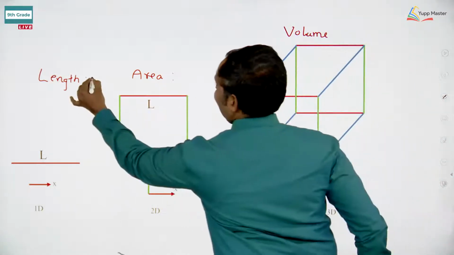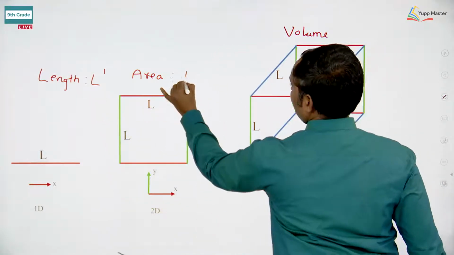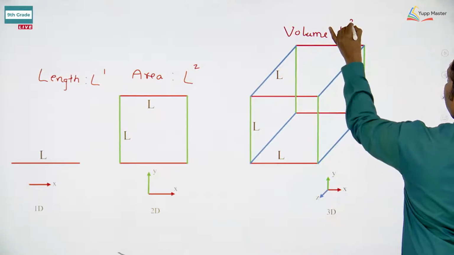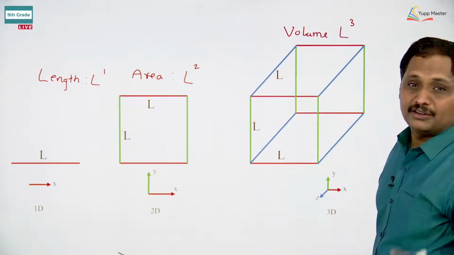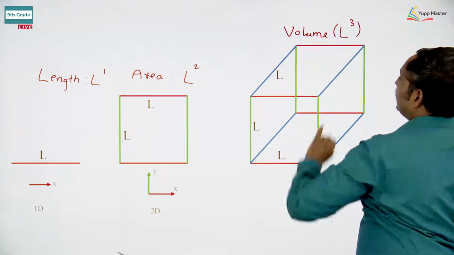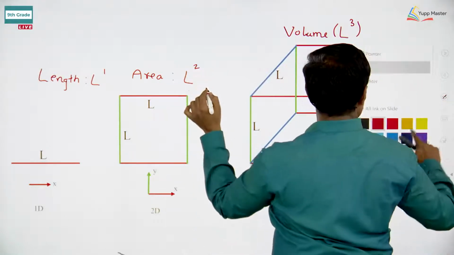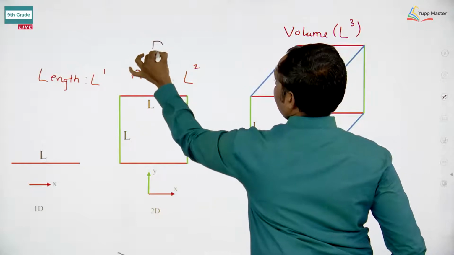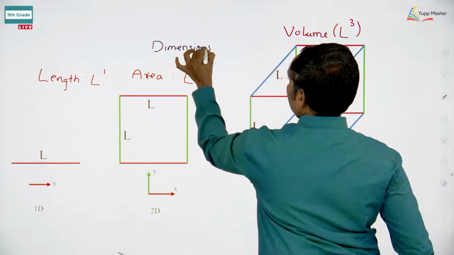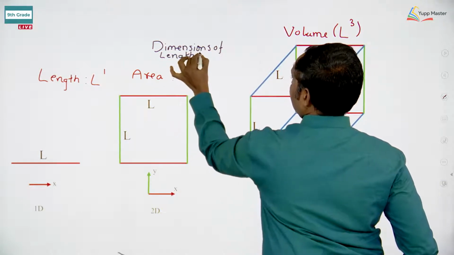Here length is going to be identified as L, then L square, then L cube, right? We can know that. This is very important. So the dimensions of length, this is the dimension, we can take that.